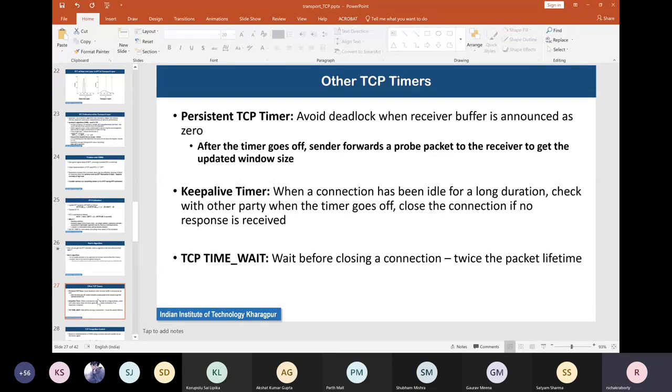Now no response is still coming. When the keep alive timer goes off, you just close the connection. I asked the other side, and the keep alive timer went off, which means I waited a relatively long time and there was still no response from the receiver. Okay, fine, let me just terminate the connection.